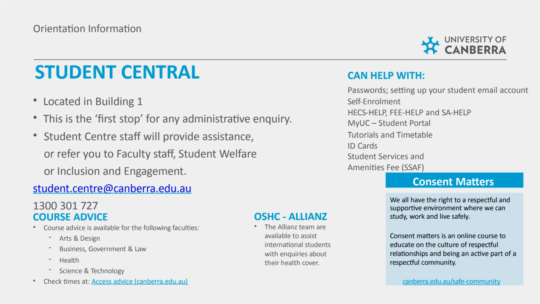In Student Central as well, you can get help with passwords, setting up your student email account. That's very, very important. All the communications between the student and any unit convener have to be using your student email address, okay?